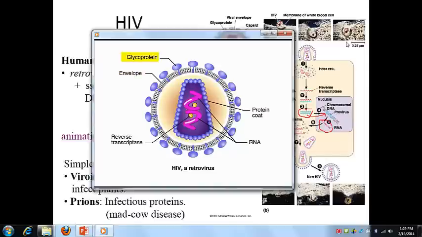Glycoproteins studding the envelope recognize and bind to receptor molecules on the host cell. A protein coat surrounds the viral genetic material, which consists of two molecules of single-stranded RNA. The enzyme reverse transcriptase enables the virus to make DNA from an RNA template, a trick for which this group of viruses is named retroviruses.